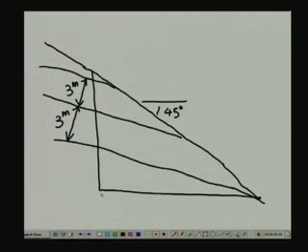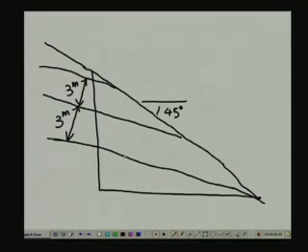Now what you need to look at really is whether the weight of the sandstone in between two joints is going to be carried, going to remain stable or not.